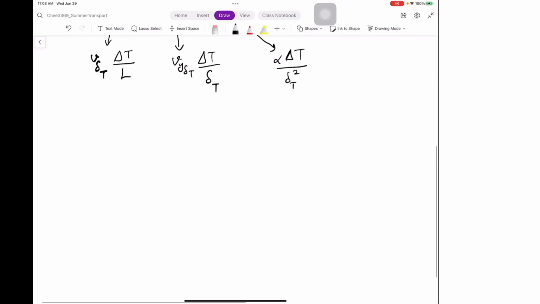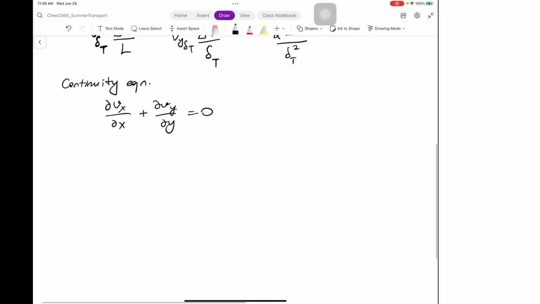And again, to make sense of this thing, we should stick to the continuity equation. Tells us del Vx over del X plus del Vy over del Y is 0.